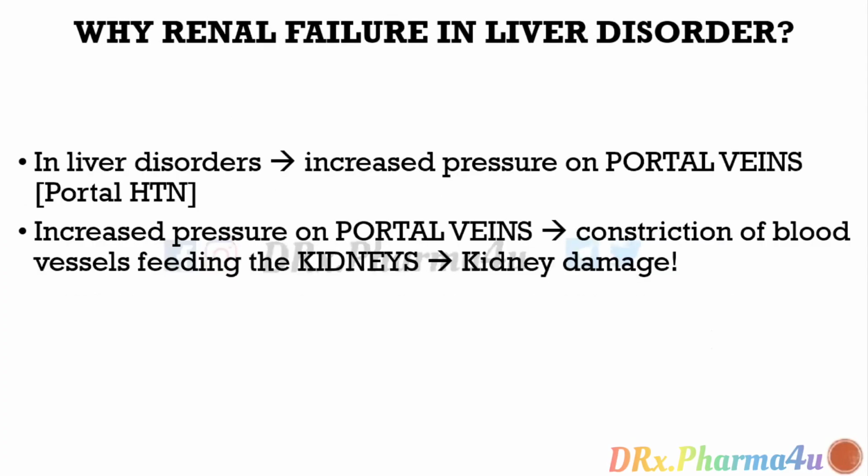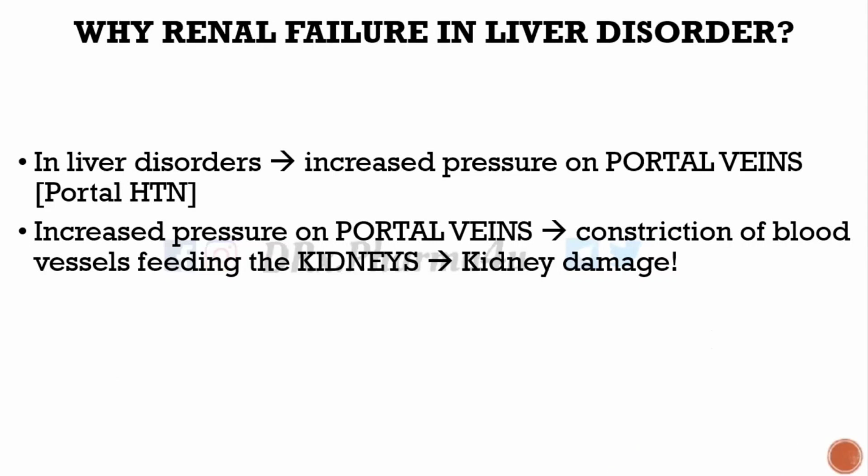Why renal failure in liver disorder? So in liver disorders, there is increased pressure on the portal veins, as I said before, that can lead to portal hypertension. So definitely when there is increased pressure on the portal veins, it damages the kidney because it causes constriction or narrowing of blood vessels that feed the kidneys, that supply blood to the kidneys.